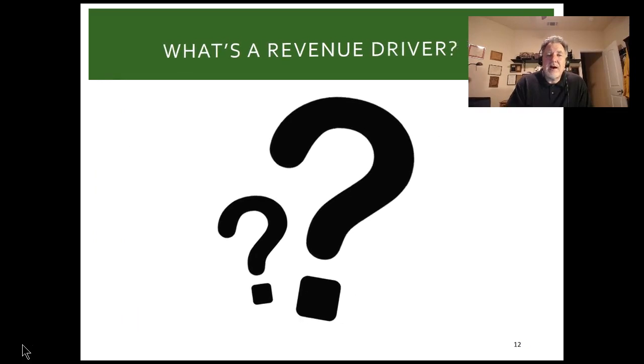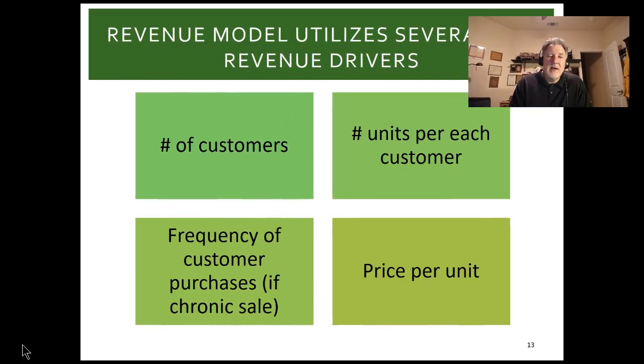What is a revenue driver? We talked about this. You have to start thinking about revenue as being driven by several components. The customer being first and foremost that's coming through. You want to service that customer, but also in terms of how frequent that customer is coming through. And then also in terms of number of units per each customer that occurs with each transaction. So those things become a base, and then the price per unit.